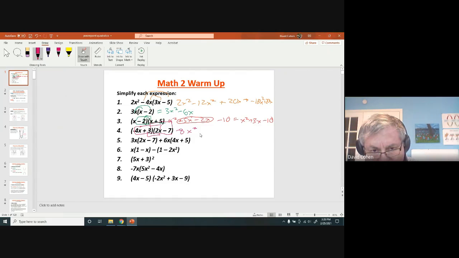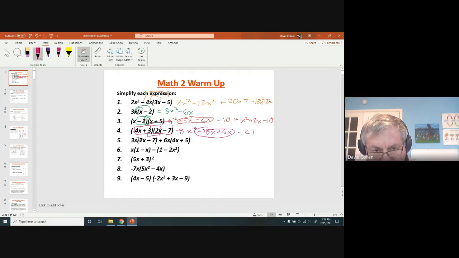Outside is negative 4 times negative 7. That would be a positive 28x. 3 times 2x is 6x. We again are going to combine those later. As a matter of fact, I'm going to leave that the way it is in the interest of space. 3 times negative 7 is negative 21.